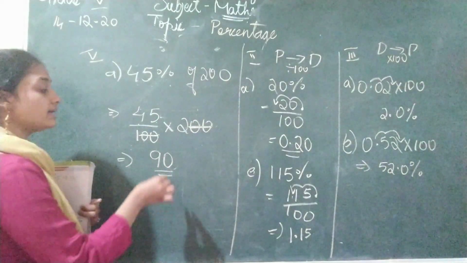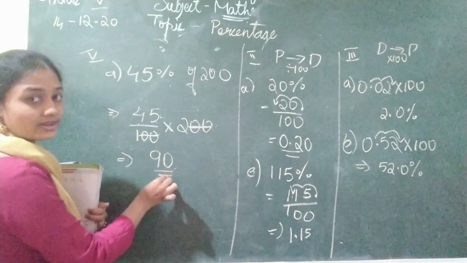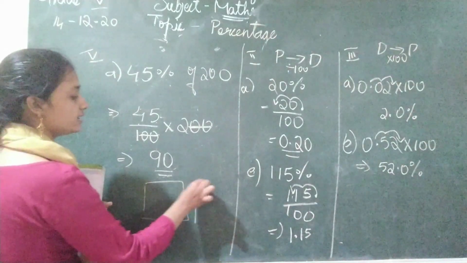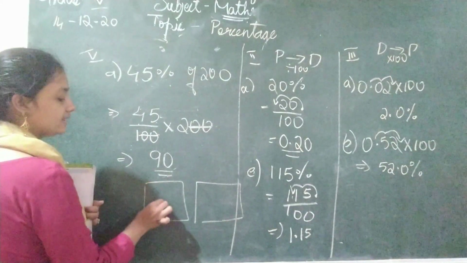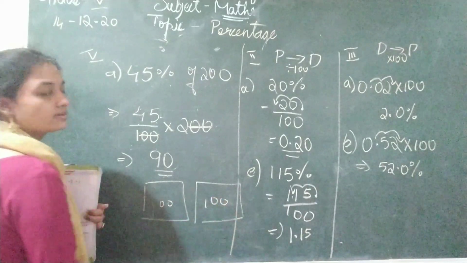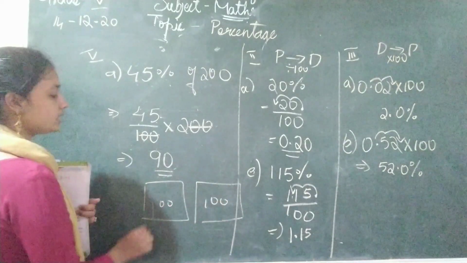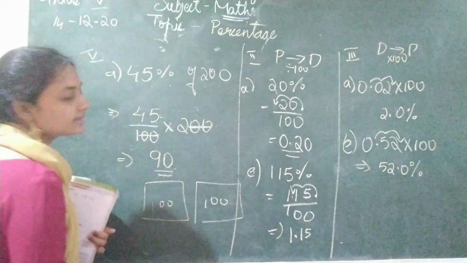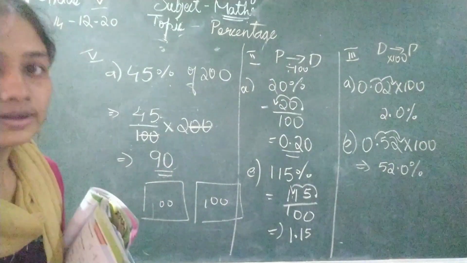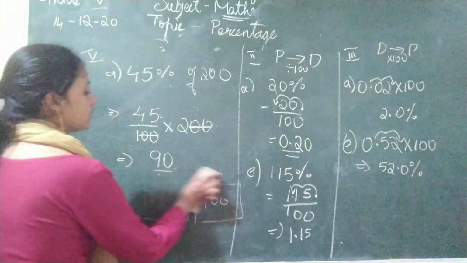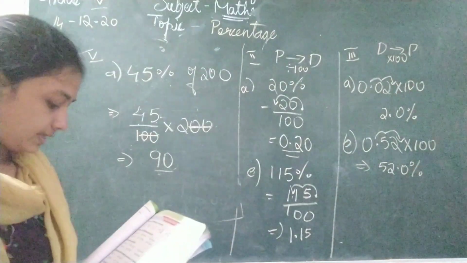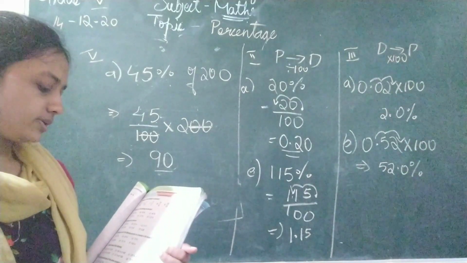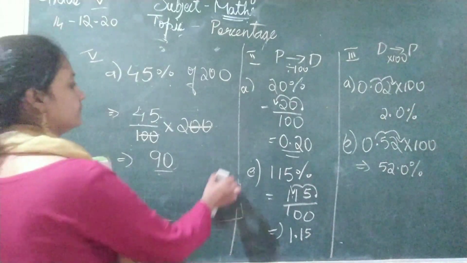That means 90 boxes are shaded in 200 pieces. You have 200 boxes, 100 here, 100 here. In total 90 pieces are shaded. This is the meaning of it. Now let's go for the next one. Let me take the last three sums. 32% of 168.